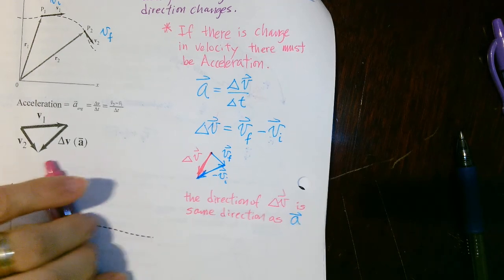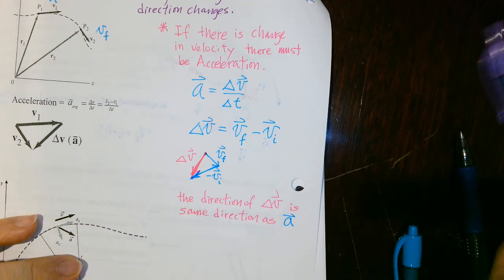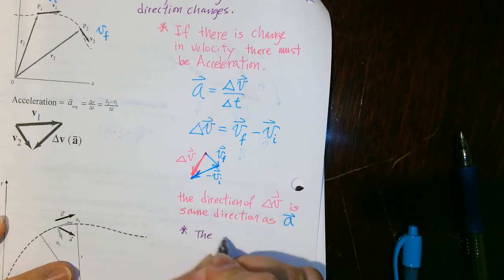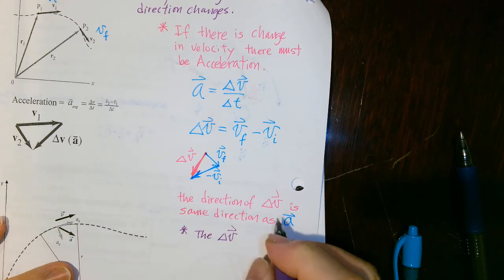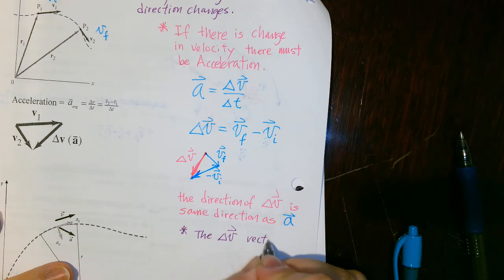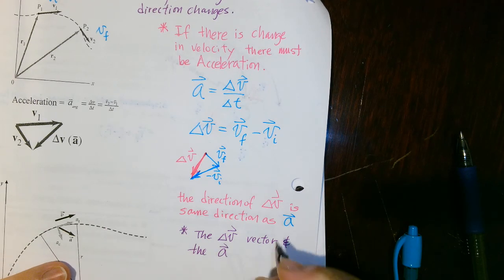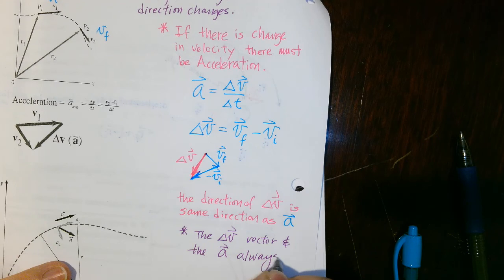Okay? Therefore, the delta v vector and the acceleration vector always point in the same direction.